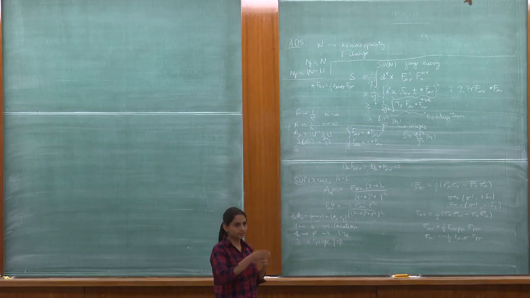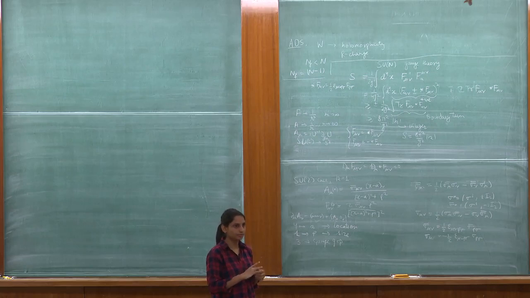The location is breaking translation. You are asking about boosts, not translations and rotations. But you said this interlocking is happening in a subgroup of the Lorentz group, right? But there is a remaining part of the Lorentz group. Will that change the instanton configuration and correspond to more parameters?